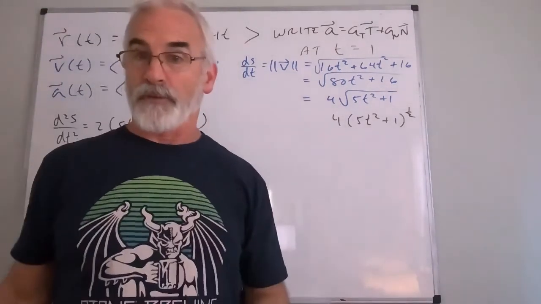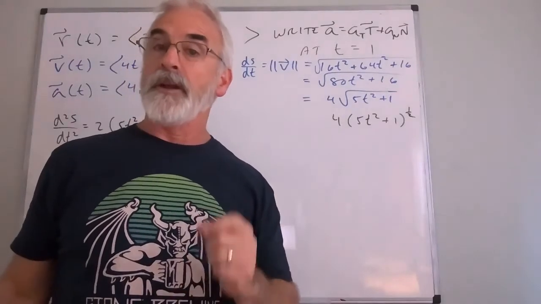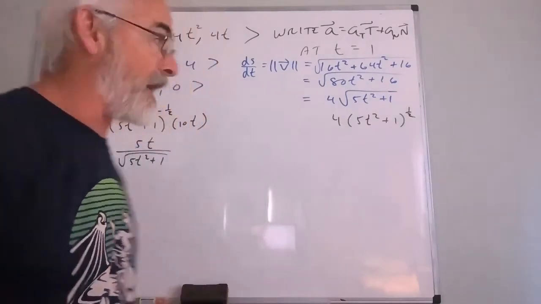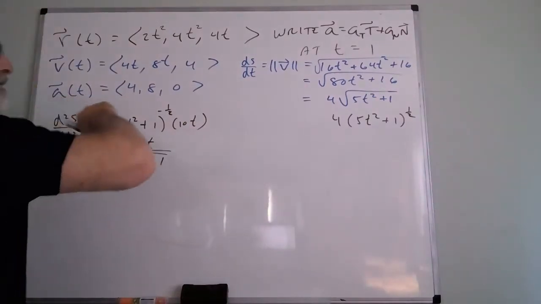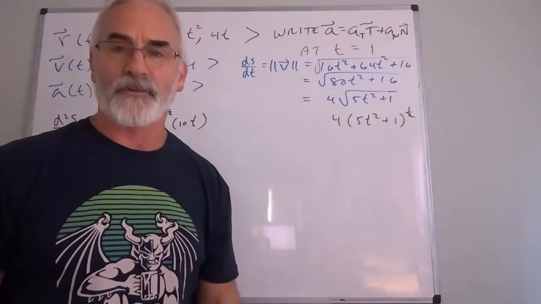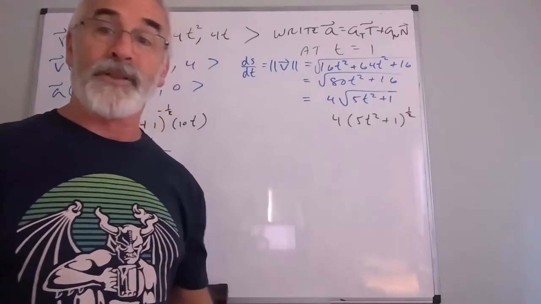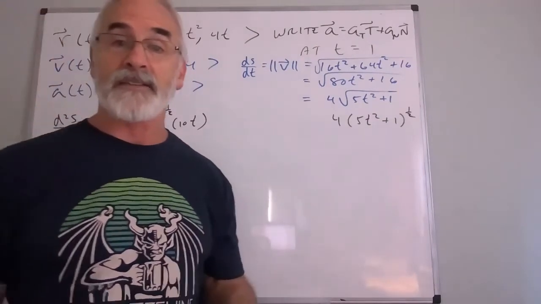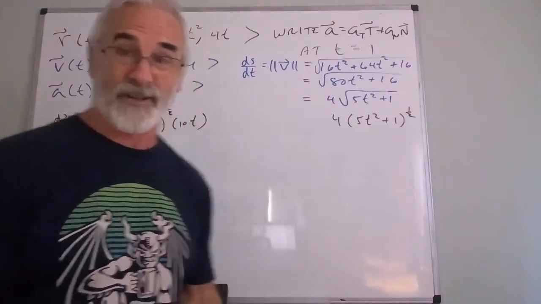AN will involve the curvature. Now think about that. The curvature means I've got to find the unit tangent, take its derivative, and make that into a unit vector. No, I don't want to find the curvature that way. In fact, I don't want to find the curvature at all. In this case, I want to find AN, so I'm definitely going to use that cross product thing.